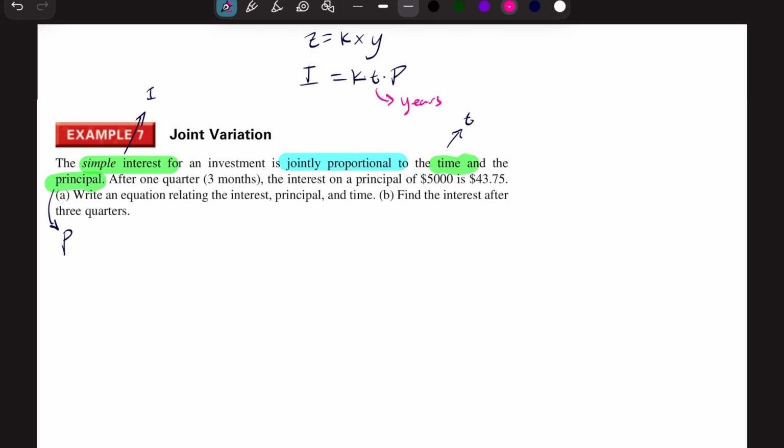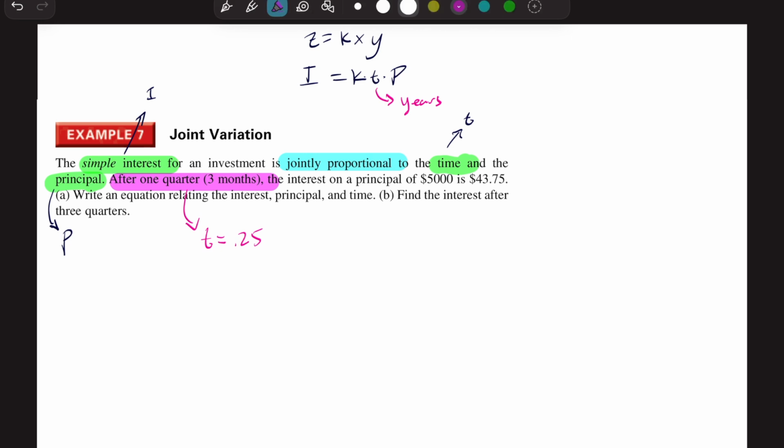All right. So now we have our general model, but we need to solve for K using the information that they give us here. So we'll go ahead and do after 1 quarter, which is 3 months. Now note that that's indicating that my time in years, 1 quarter is 0.25. Okay.